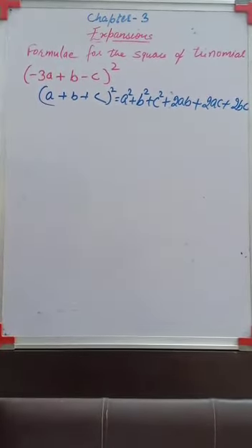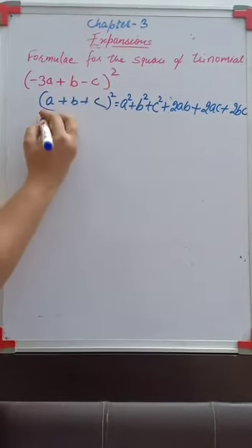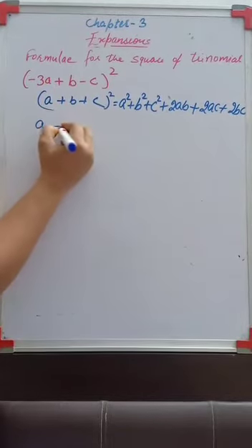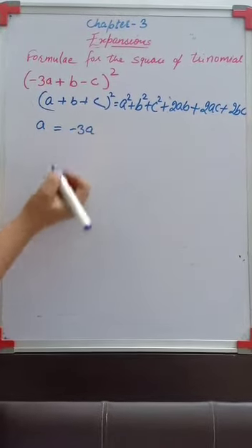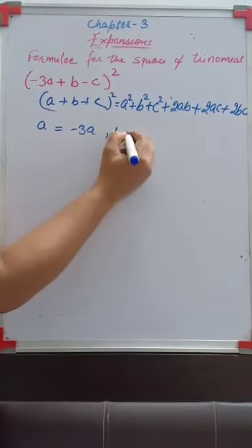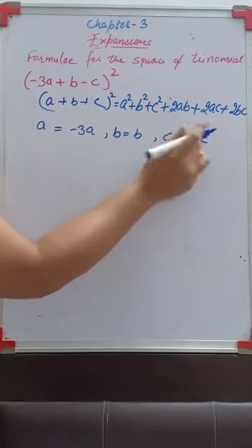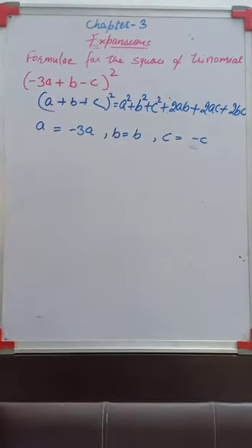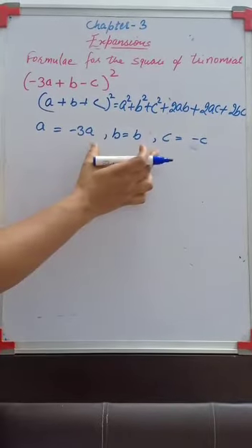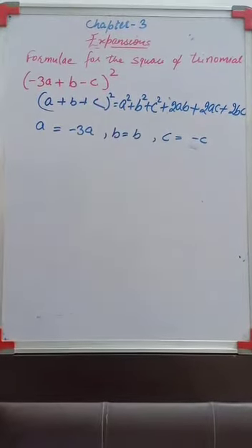Now, first step, what you need to do, just compare the terms from this to this. From here, what I get is that a is equal to minus 3a, b is equal to b, and c is equal to how much? Minus c, right? Now I am having the values, just put the values over here. So what you will get?